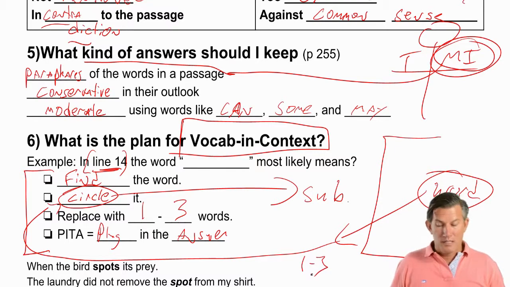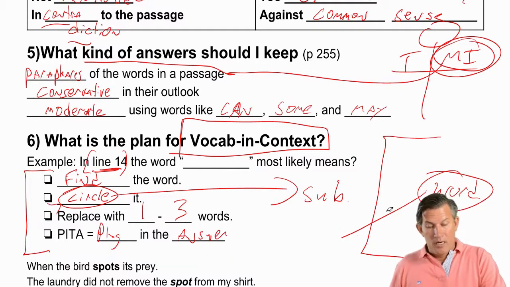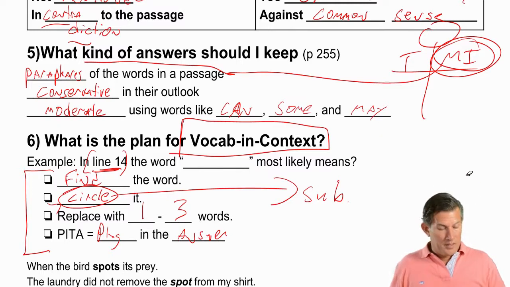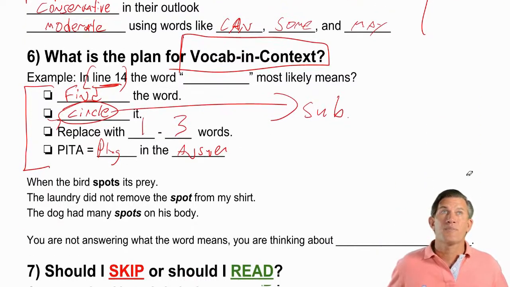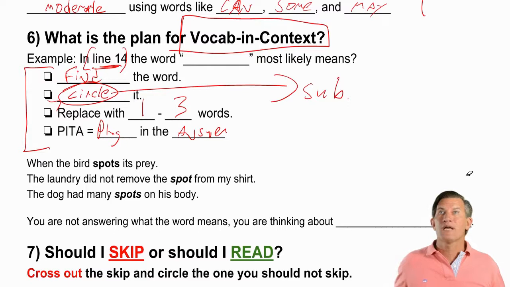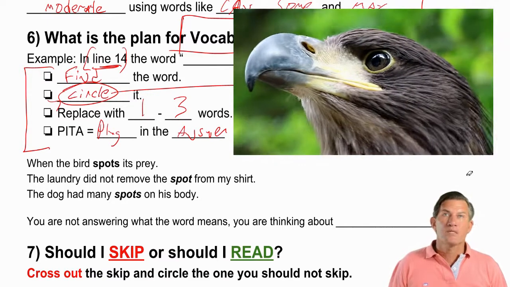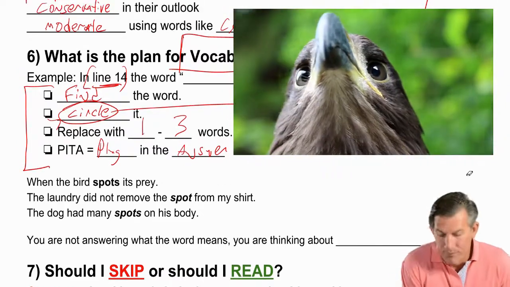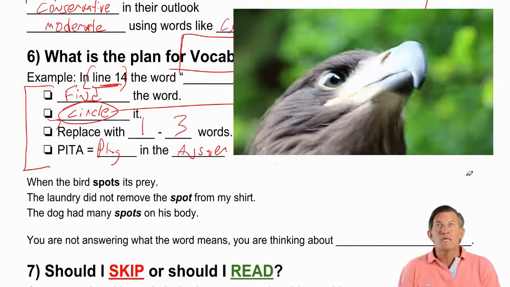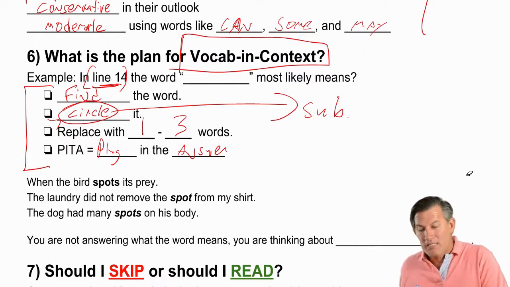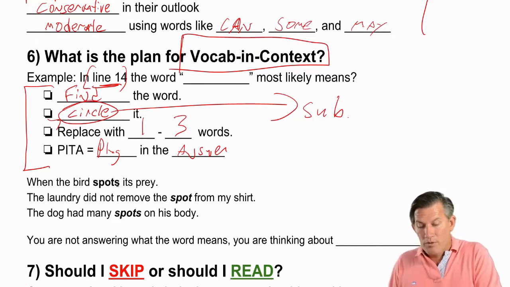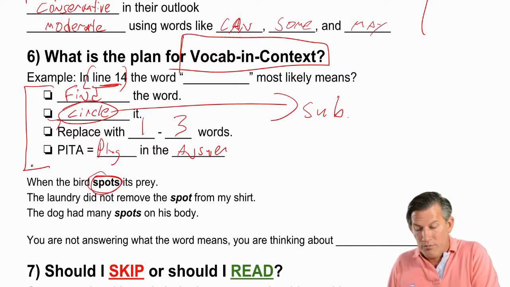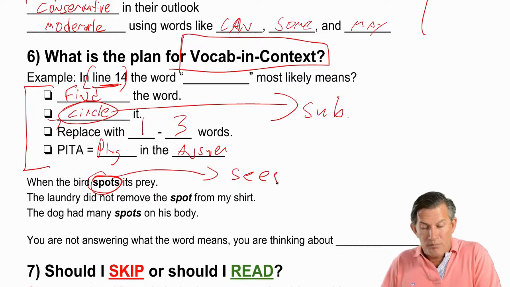Now let's see what this would look like. I'm sorry, I haven't given you an entire passage, but if they were saying when the bird spots its prey, what does it mean to spot something in that case? Well, we're not asking you what spots means in general, because spots means lots of different things. But when a bird spots its prey, circle it, read above and beyond. It means that he sees the prey.